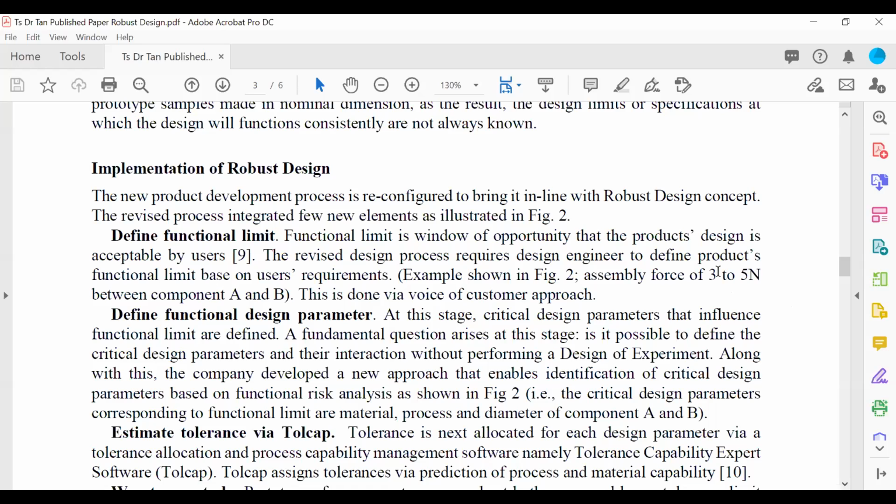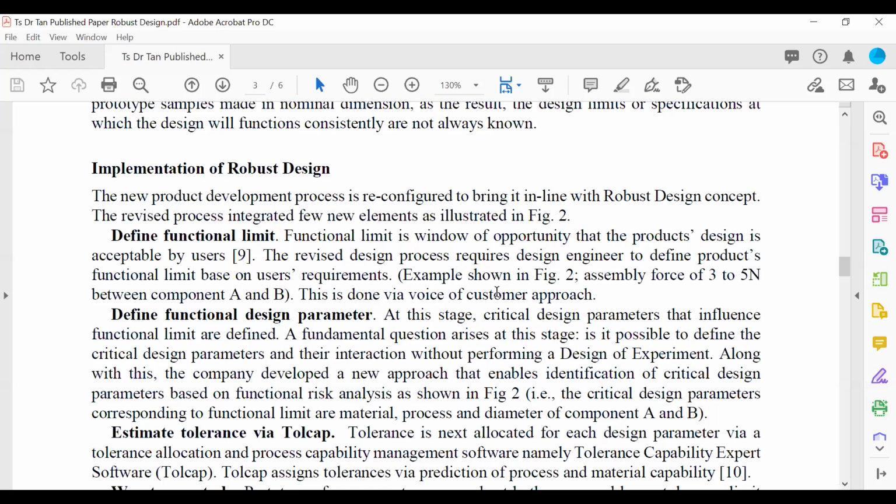For the assembly process of component A and B, the important thing is what force is required. So I want to design a system where the force required to assemble these two components is 3 to 5 Newton. That's system design.